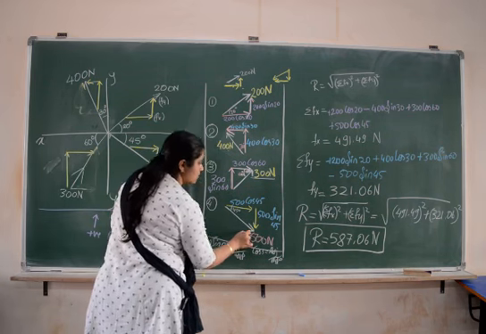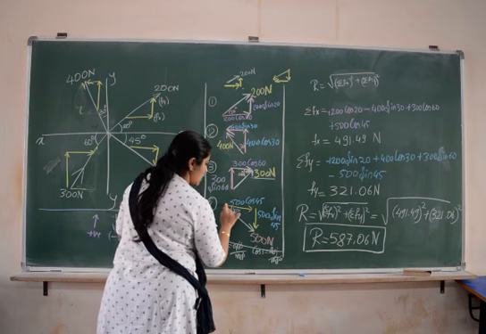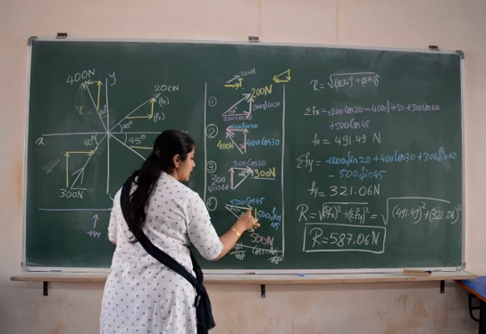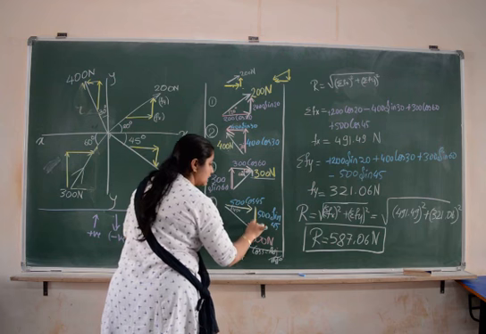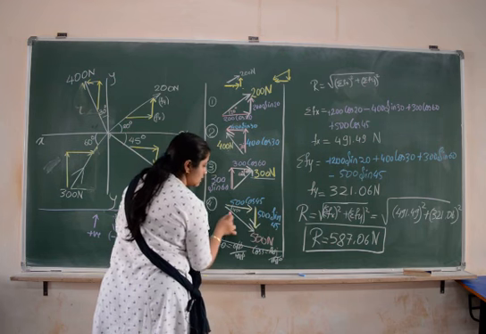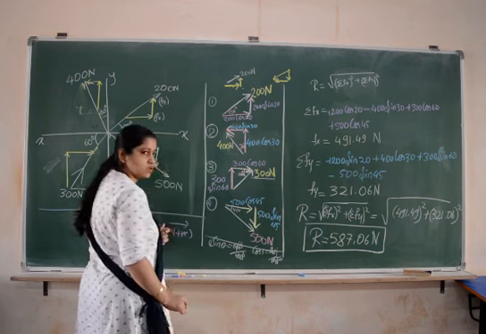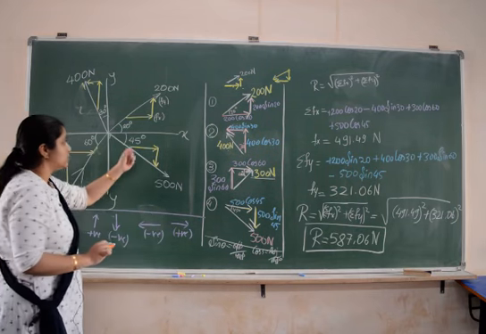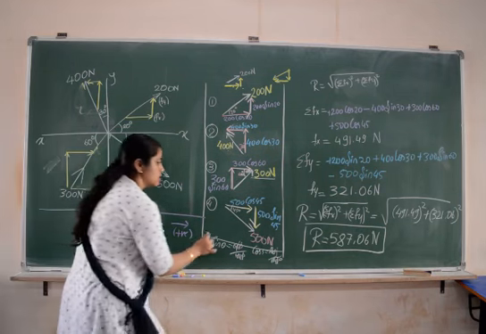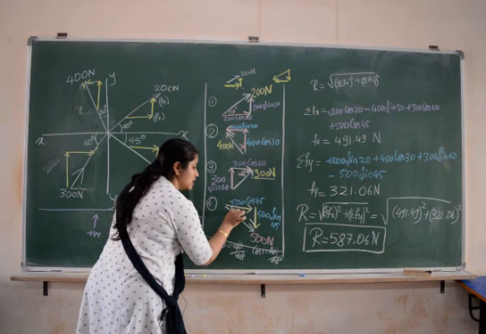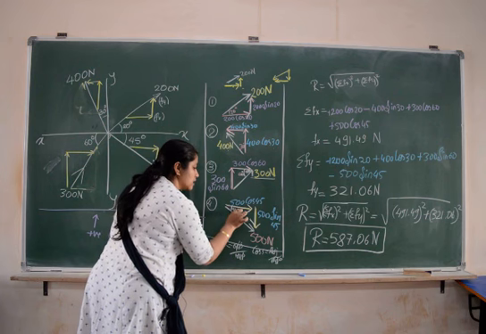Okay. First step will be to present the triangle with the direction such that it will go and meet the given force. Where is the angle given here? 45 degrees. So, write the angle here, 45 degrees.